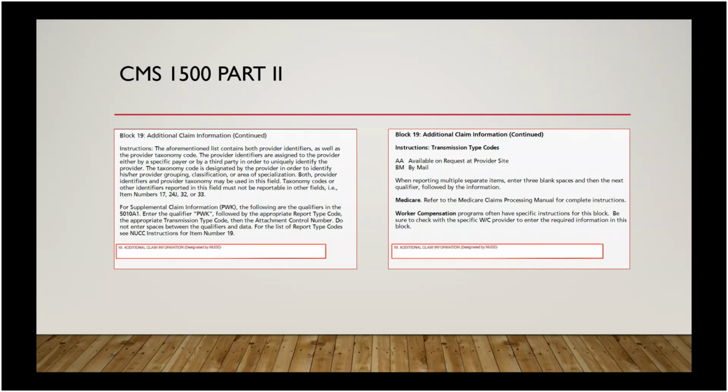In block 19, you're also going to enter the drug's name when submitting a claim for not otherwise classified drugs. Enter a concise description of the unlisted procedure code if it can fit in that confined box. Otherwise, you need to do an attachment.